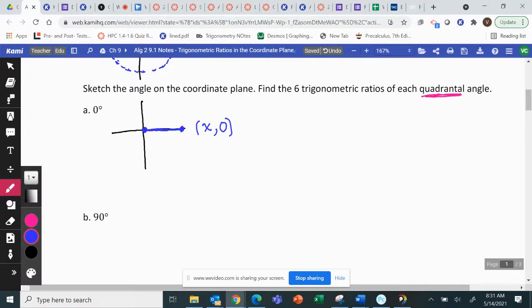So if I'm asked to find sine, cosine, tangent, and then we will also find the other 3. But if I'm asked to find those, I now have the x and the y, which are the opposite and the adjacent. I have those.